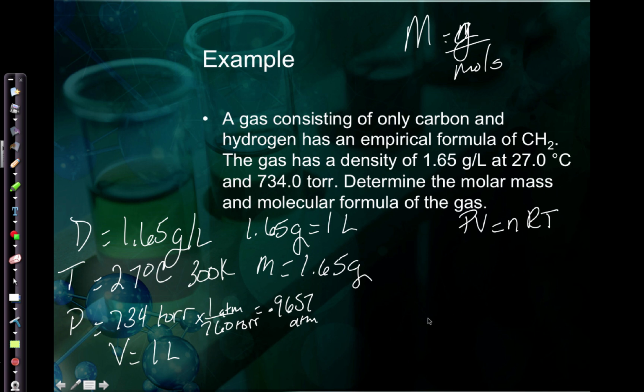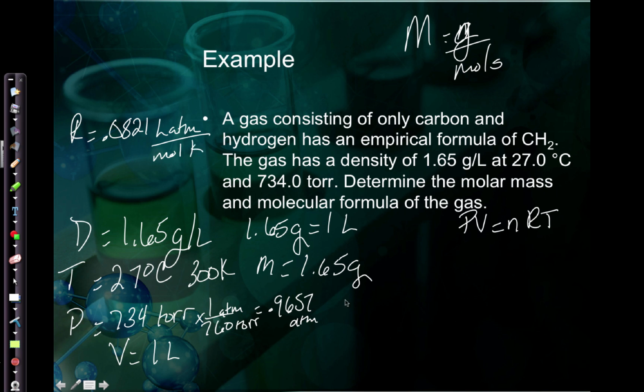Okay, so now I'm going to plug it in. Everything matches my R unit, which is this. So now I can just plug it into the formula and solve for n.